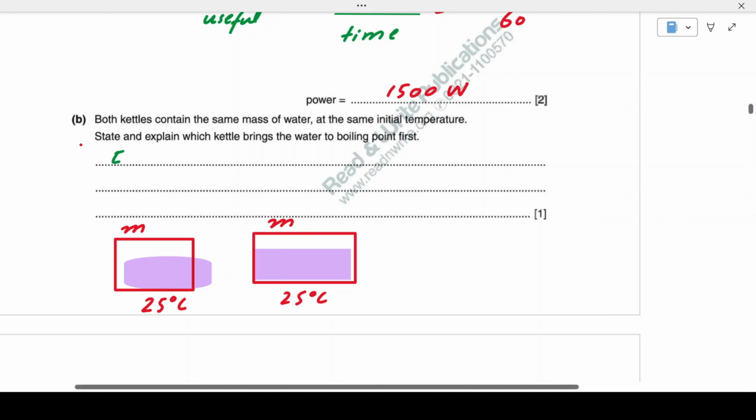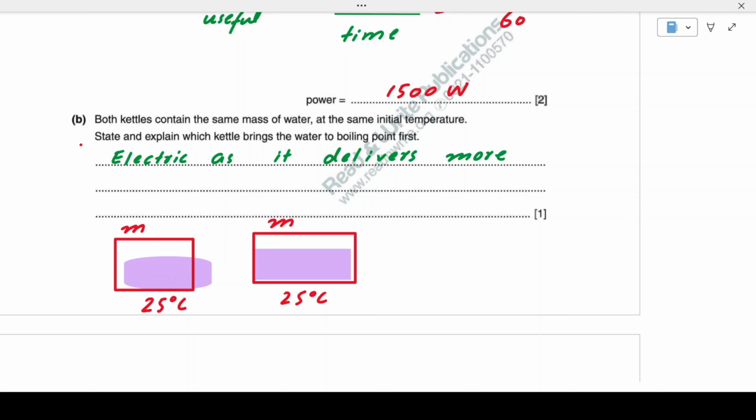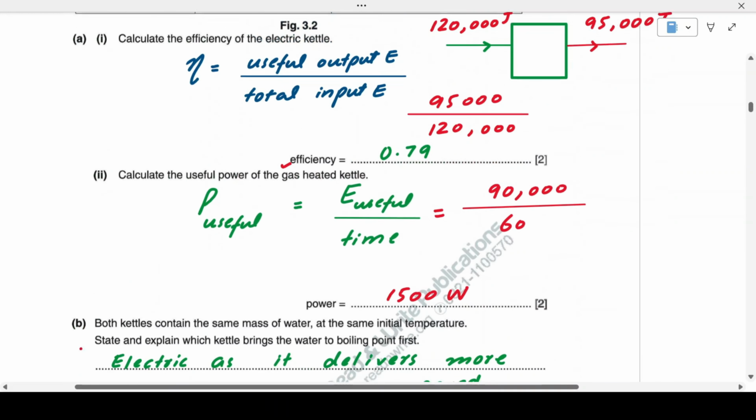So it is the electric kettle simply as it delivers more energy per minute or per second compared to the gas heated kettle.